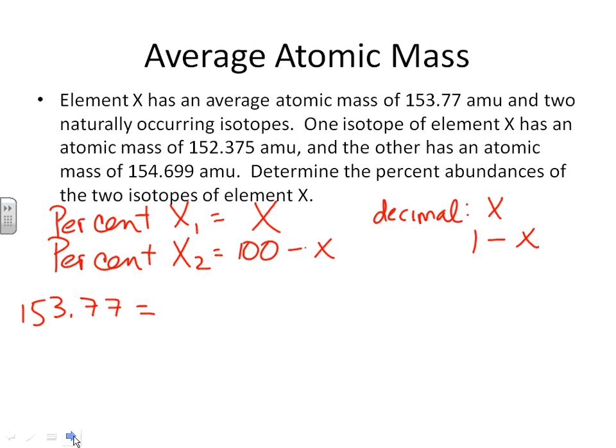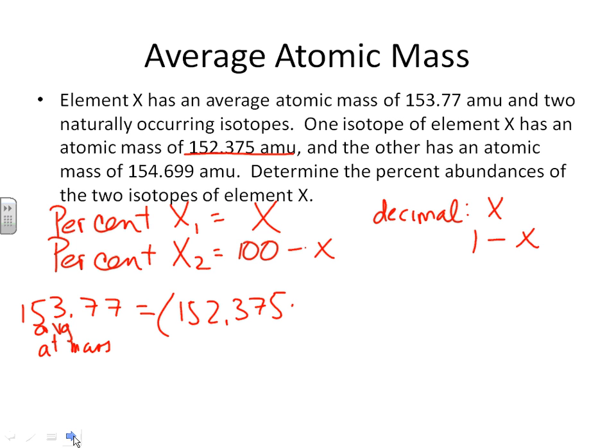So the average atomic mass, 153.77, is equal to the mass of isotope 1, 152.375, times its percentage.